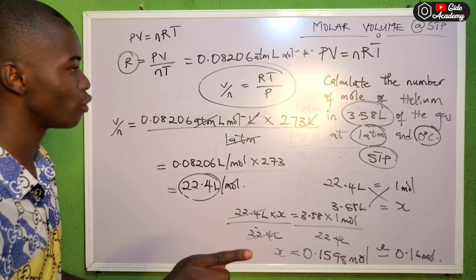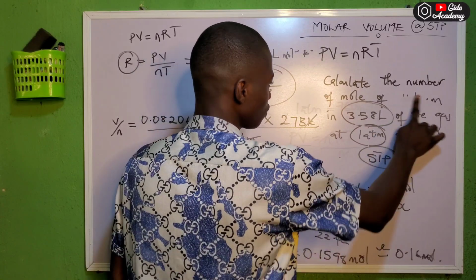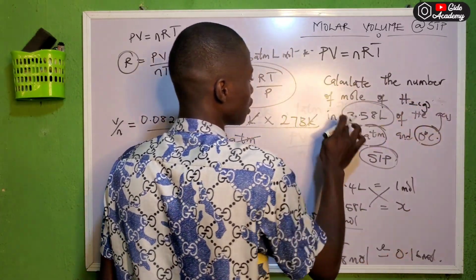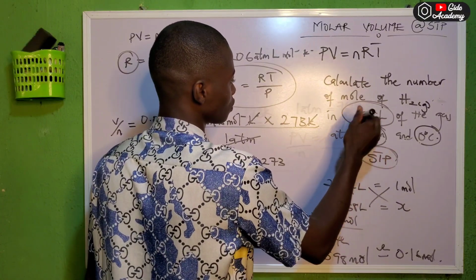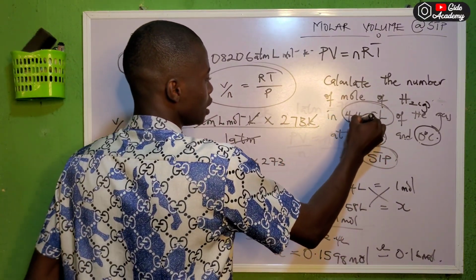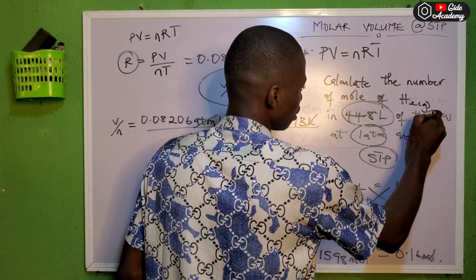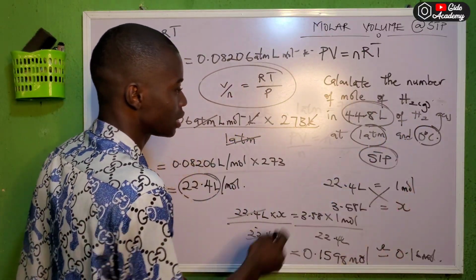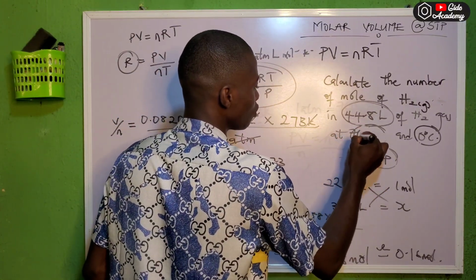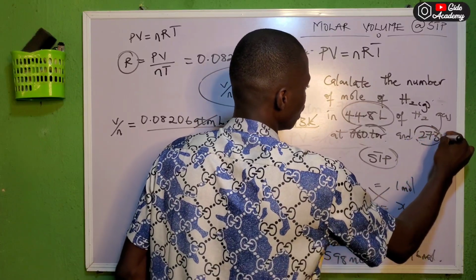But I have a question for you before we go. If someone asks you, calculate the number of mole of hydrogen gas in 44.8 liter of hydrogen gas at 760 torr and 273 Kelvin.